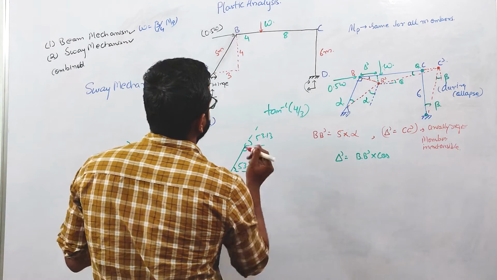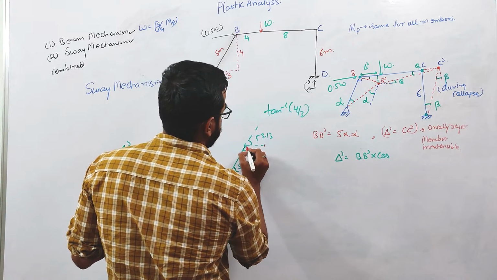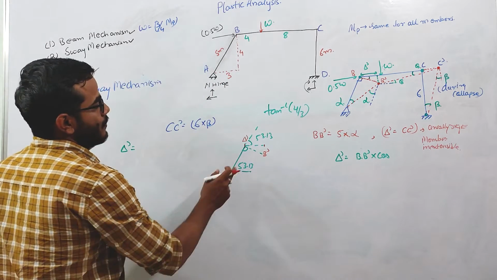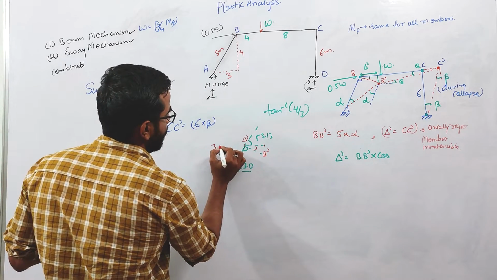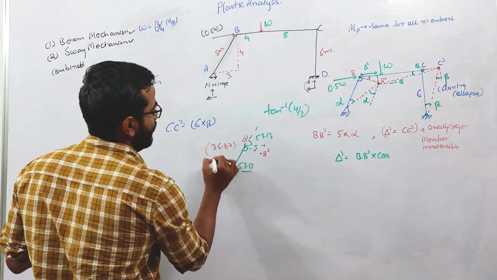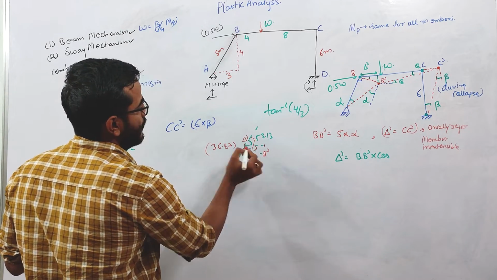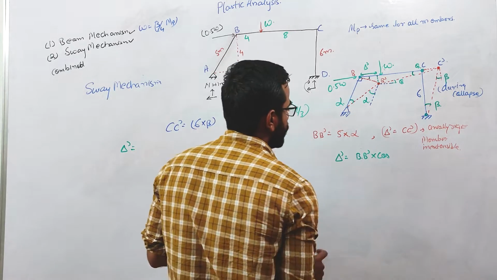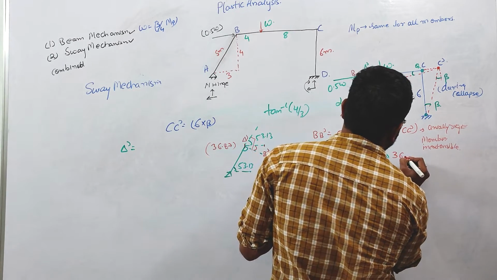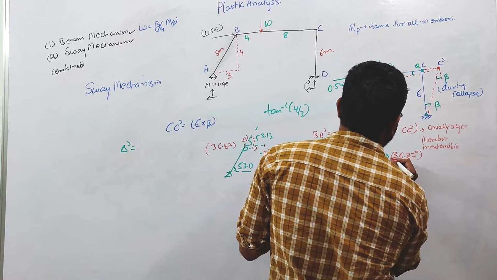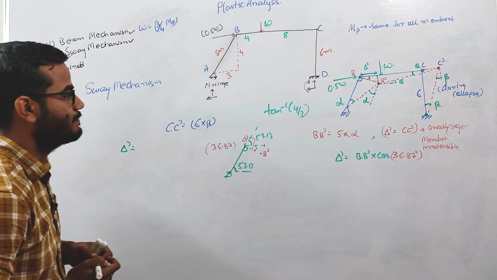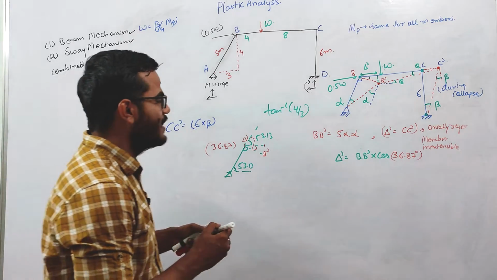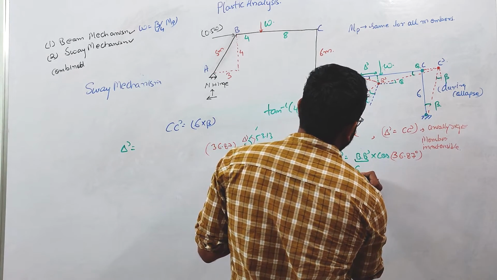This is delta dash and this is B dash, so this angle will be 36.87, as the complete angle is 90. So I can write delta dash equal to BB dash into cos 36.87 degree. And BB dash, we know, is 5 alpha.